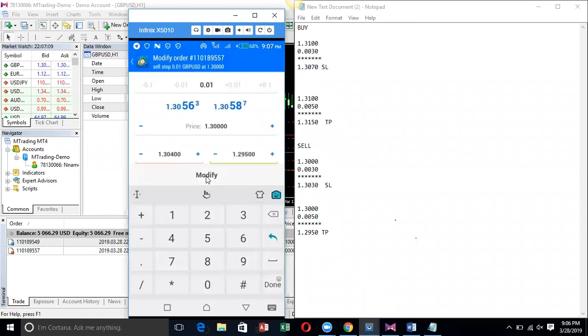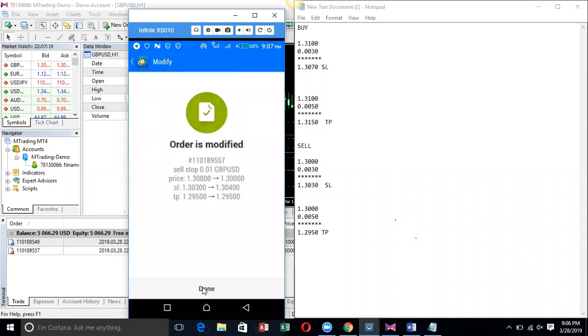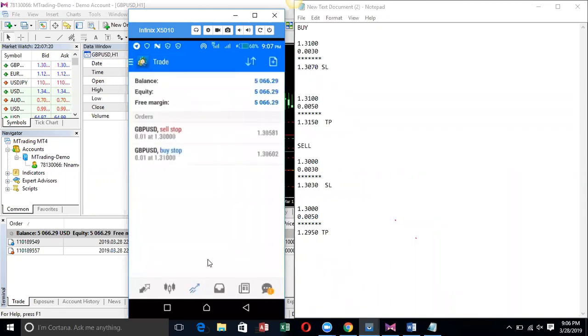So it's after you change any of the digits that this modify will highlight for you to effect your changes. We now click on this. Can you see? It's done. So that is it. I've told us how we can do it on our computer, and I also told us how we can do it on our mobile phone.